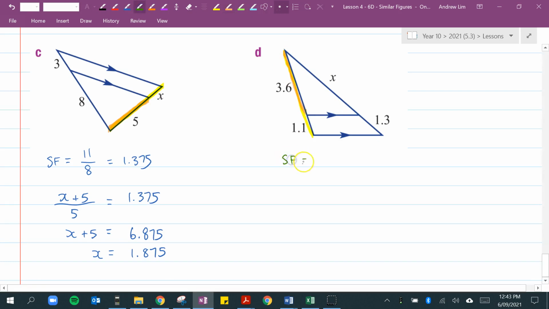So the scale factor will be 4.7, because when I add them together I get 4.7, divided by the shorter one, which is 3.6. Okay, it's not the 1.1, it's the shorter corresponding side of the similar figure, which is this. That's the side that corresponds with the big one.